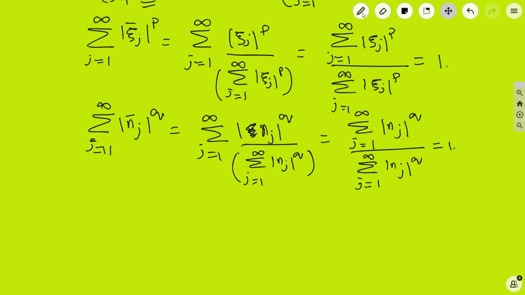Here also it is 1. So what that implies is that when you sum from 1 to infinity, it should be bounded above by 1.